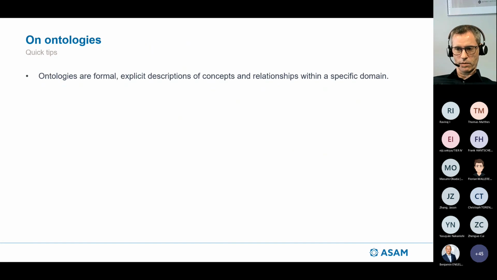Ontologies are formal, explicit descriptions of concepts and relationships within a specific domain. That means they are quite useful for standardization, as we are describing a domain.